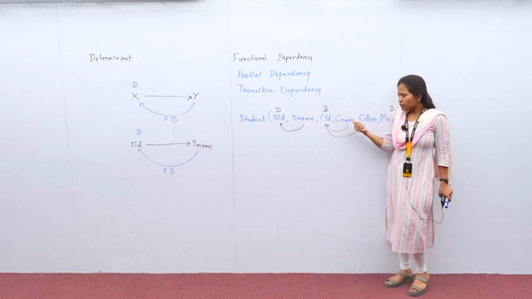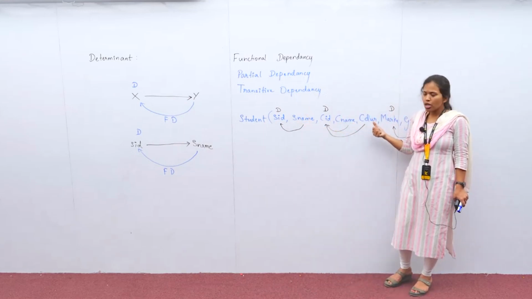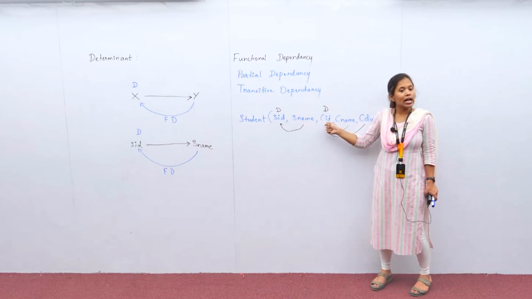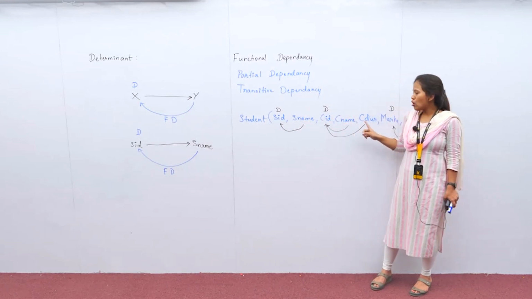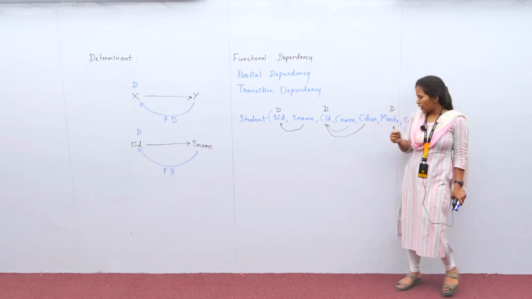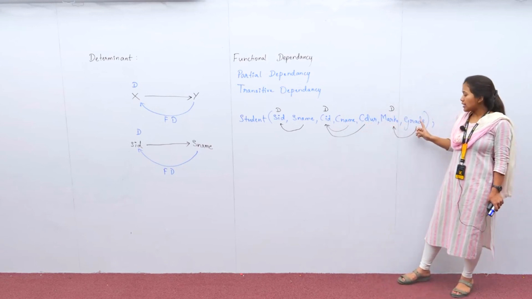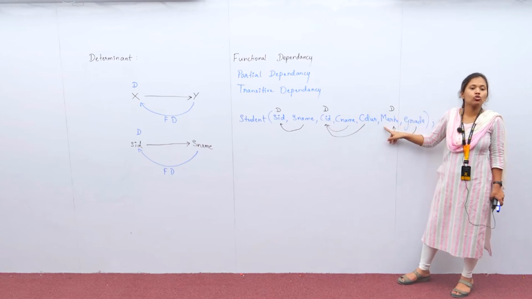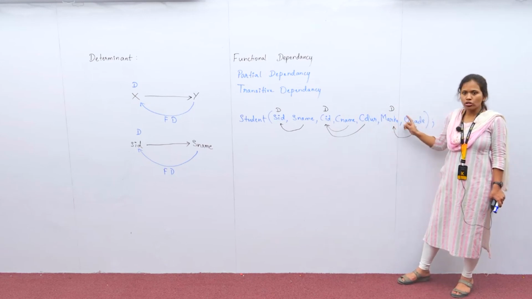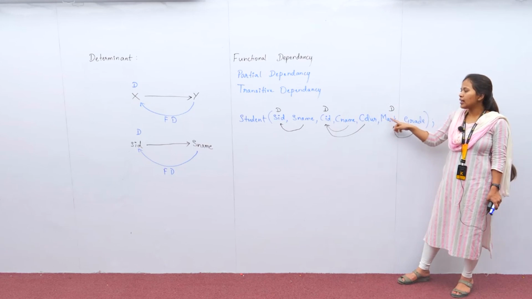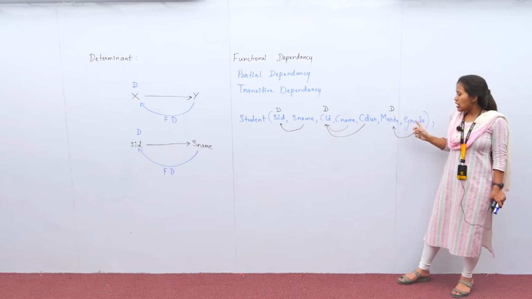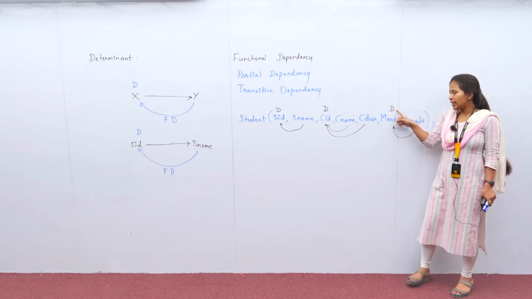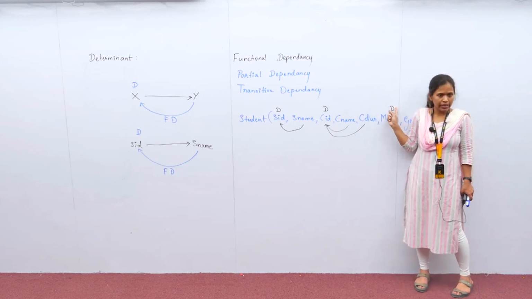Similarly, course name and course duration are dependent on the course ID, so course ID is also a determinant because it can determine the value of the course name or the course duration. Similarly, grade is dependent on the marks the student has scored. Only based on the marks can we tell what grade the student is getting. Yes or no? Which means grade is dependent on marks, and marks is the determinant.